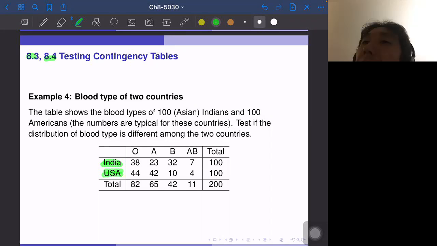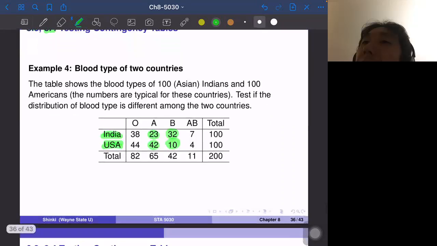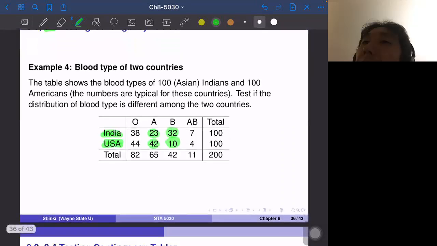Mathematically it's essentially the same. You can see it's probably not independent because there is more blood type A in the United States and more blood type B in India. Others don't have much difference.